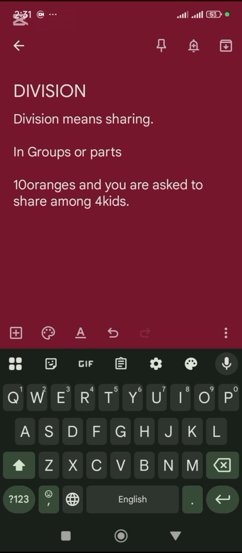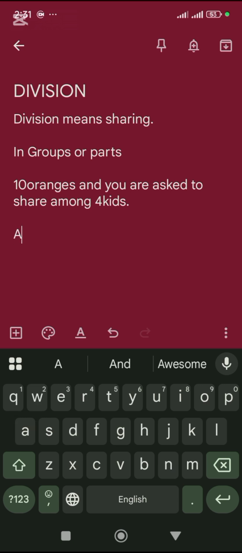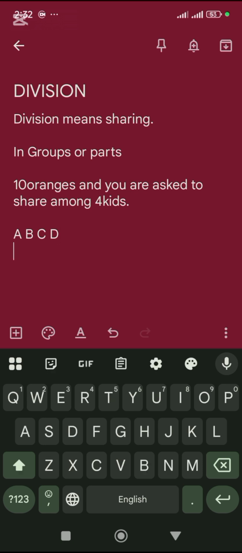You see that these kids in this example represent groups. So we have kid A, kid B, kid C, kid D. If you do this, you have 10 oranges.